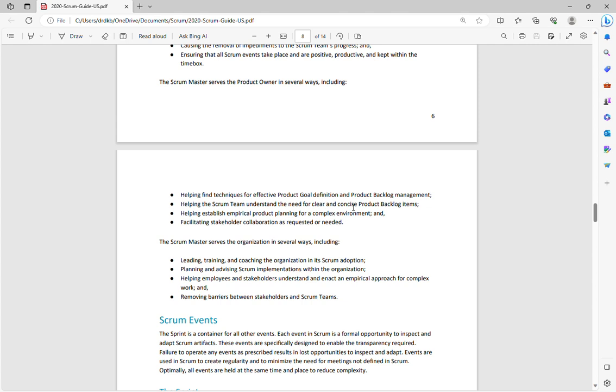So all those things, whether they have been considered or not, such types of questions the Scrum Master can ask the Scrum team and help them with understanding the product backlog items.